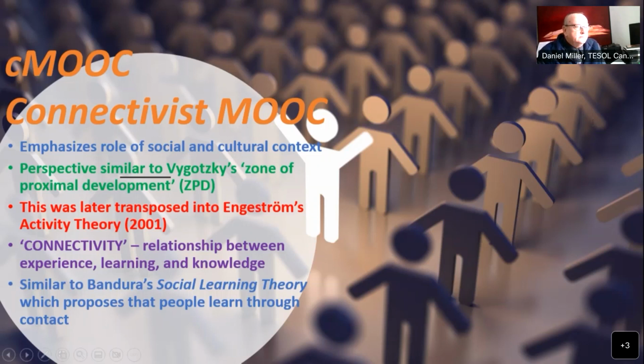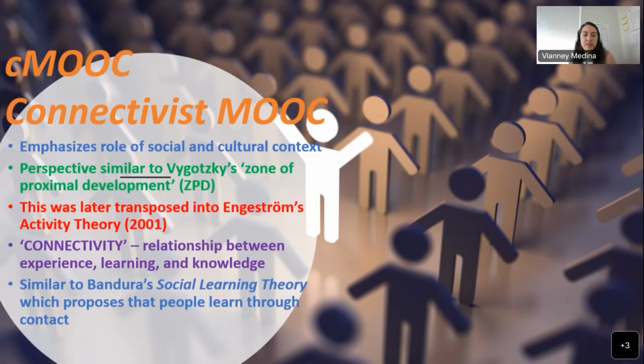Sorry, can I ask something? Yes. These two are famous for this C MOOC? Their theory is about C MOOC? In general, they talk about MOOCs, their theory. Well, these people, Vygotsky and Engstrom and Bandura, none of them are really talking about MOOCs necessarily, but they're more psychology, and so they're talking about connectivist theory, how people learn and how people connect to each other.